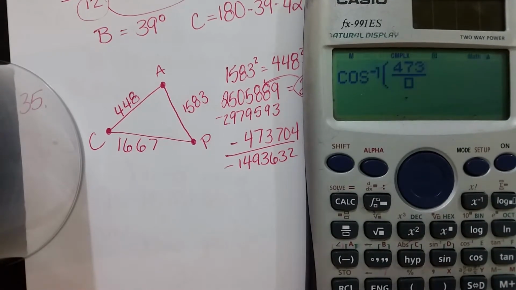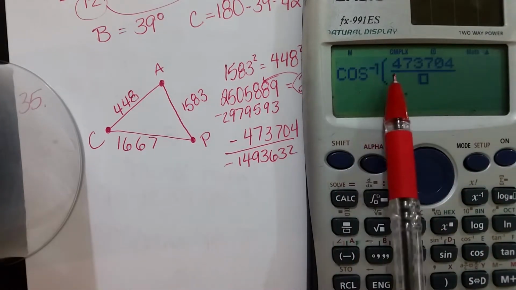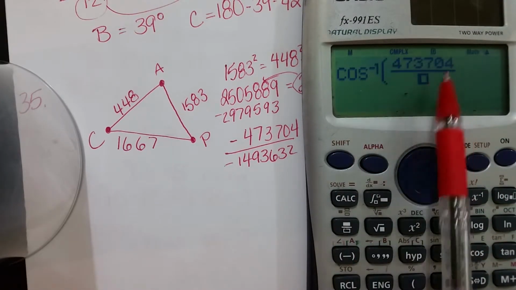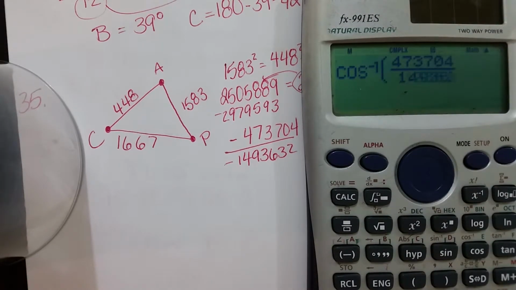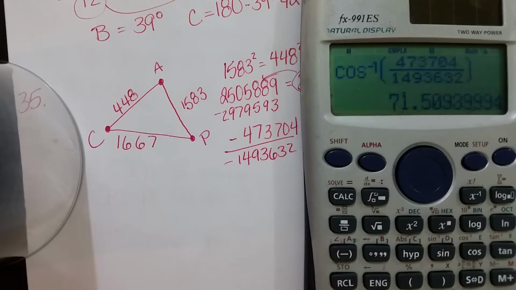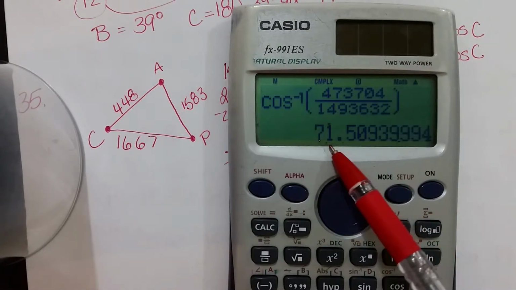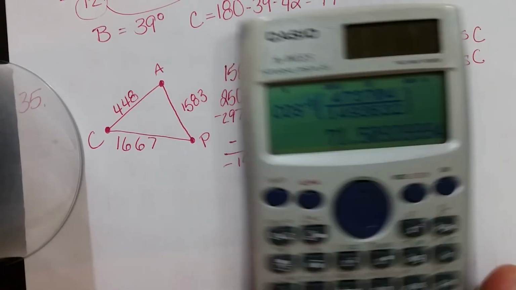You can put the negative, it doesn't matter, as long as you put it on both. Alright, so 473704 over 1493632. Close the brackets. So in this case, if I'm rounding the angle to the nearest degree, I'm going to get 72.